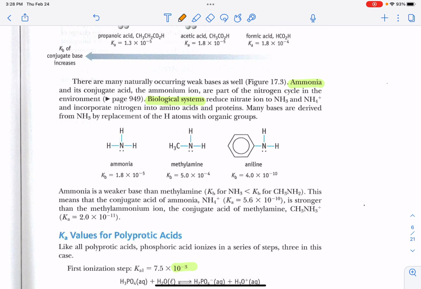And you have some very important weak bases in nature as well, particularly ammonia, which is a weak base that you often study in biology. Because ammonia, right here, as well as the ammonium ion, and sometimes nitrates and nitrites, are ways in which nitrogen manages to move around in biological systems and the environments in which those biological systems live.